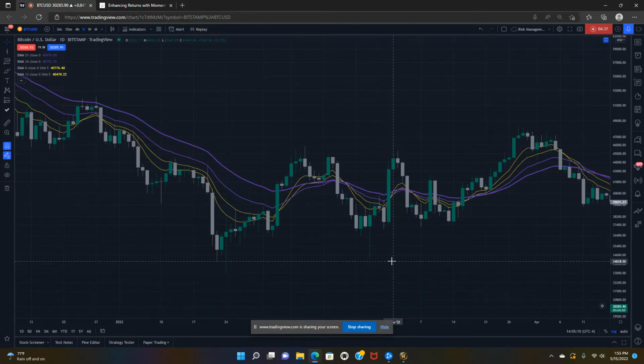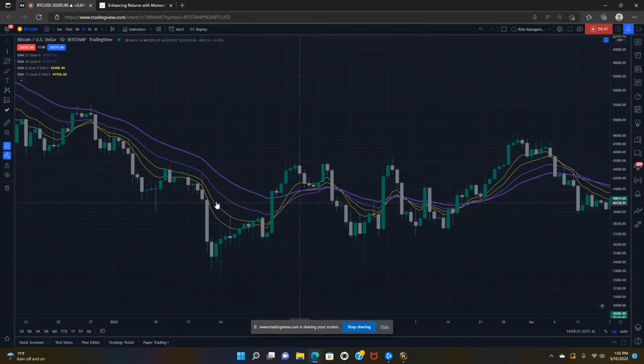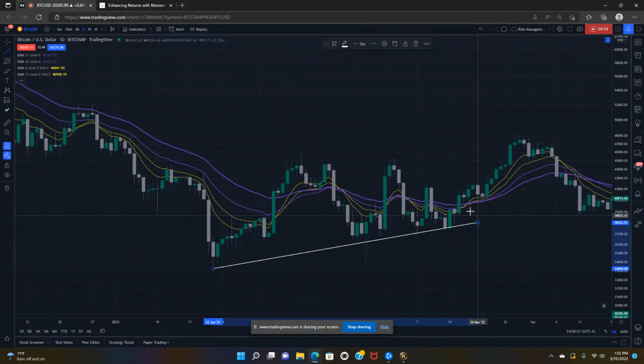It's not trending, so you've got to keep that in mind when you're trading a momentum strategy, because within a consolidation environment, a momentum strategy is going to give you a lot of essentially false signals. But you have this consolidation period here, marked by higher lows and essentially lower highs.